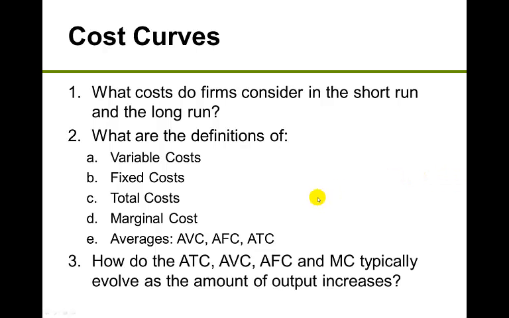And what we're going to end up doing is plotting the AVC, AFC, ATC, and marginal cost on a graph and show how they tend to change as the quantity output changes. So that's really going to be what we're building to in this lecture.